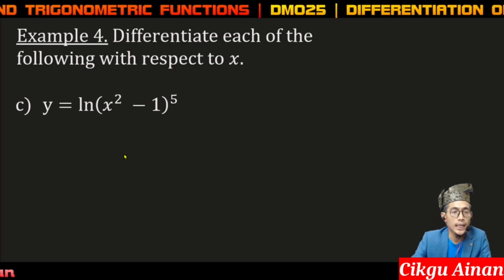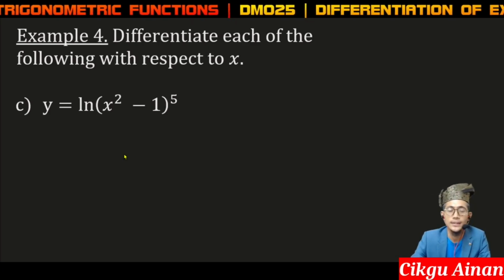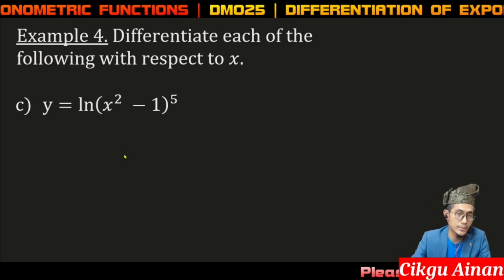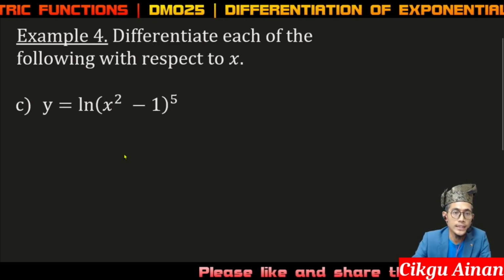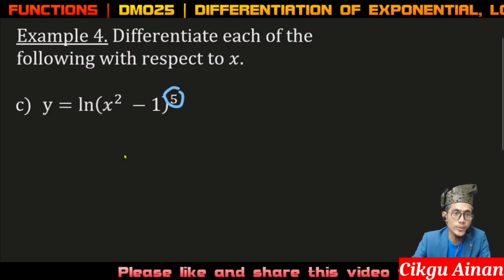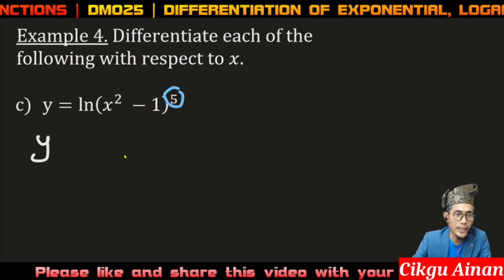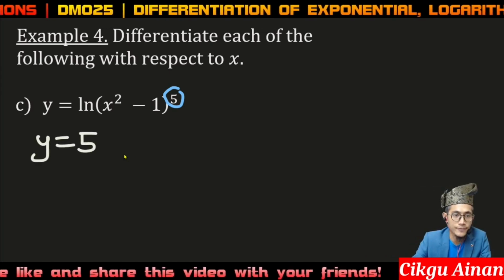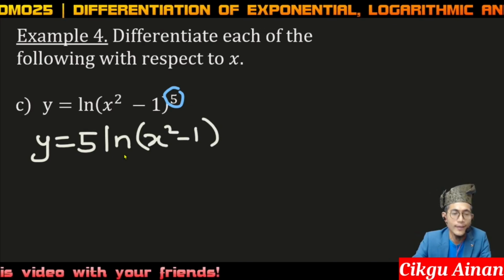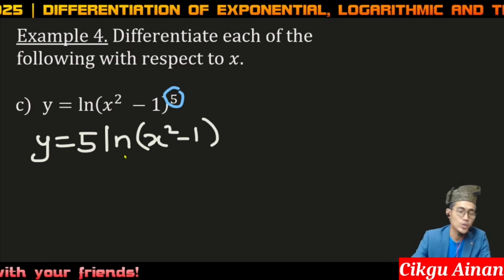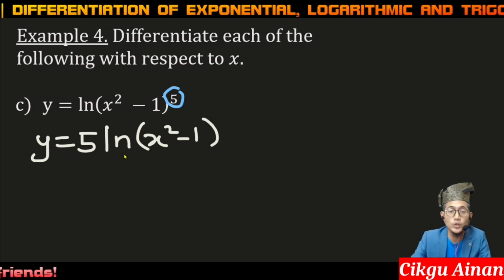From the law of logarithm, if we have a power over here, we can rewrite the whole thing as y equals 5 ln x squared minus 1. So from here we can follow through.